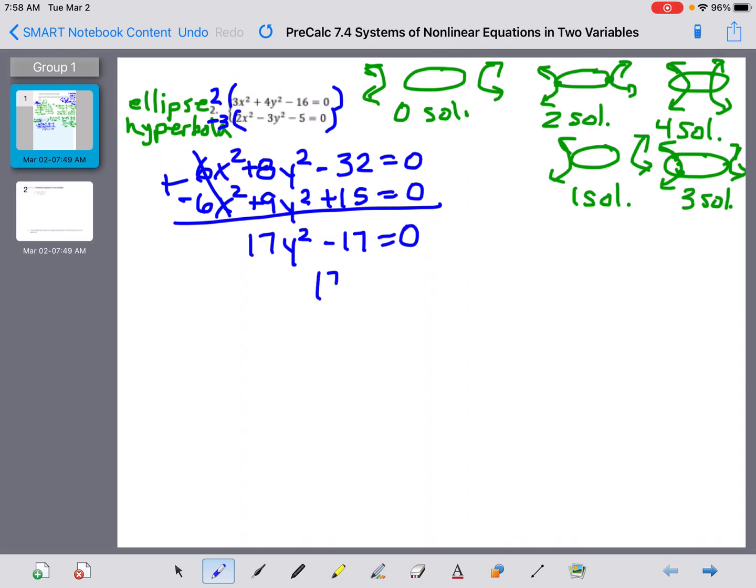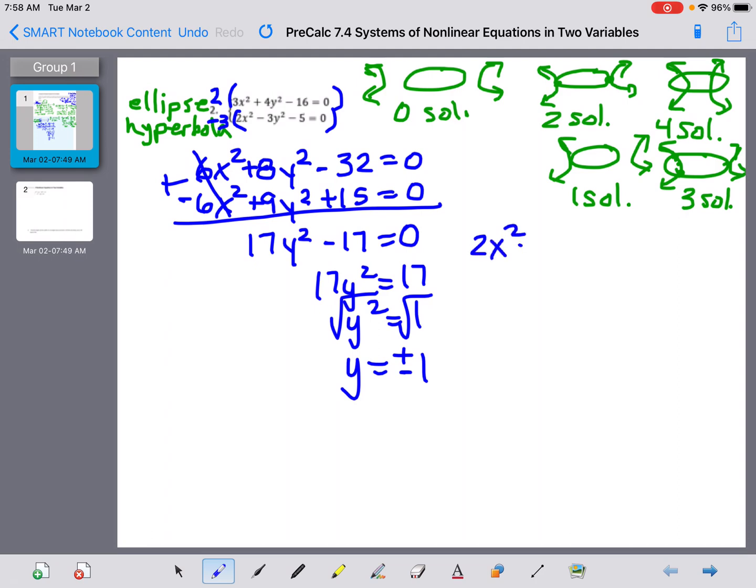Add 17 to the other side. Divide by 17. And when I take the square root, be really careful here. When I take the square root of 1, I get positive or -1. It's so important that we get both of those values. I'm going to plug them back in to see what I can find. I'm going to be honest, no equation looks beautiful here. I'm going to go with the bottom one because it's a little bit smaller.